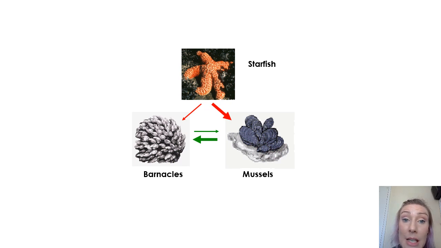But then when the scientists removed the starfish, the mussels no longer had a predator eating them, and so their numbers grew. Because they were a better competitor for the same food source as the barnacles, they outcompeted the barnacles, leaving the barnacles with not enough food to sustain their population.